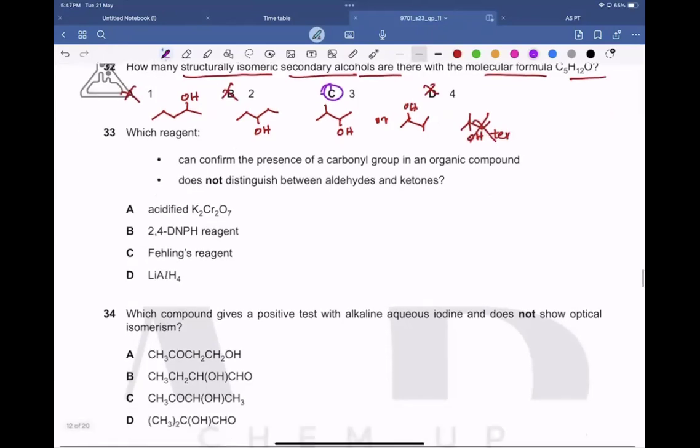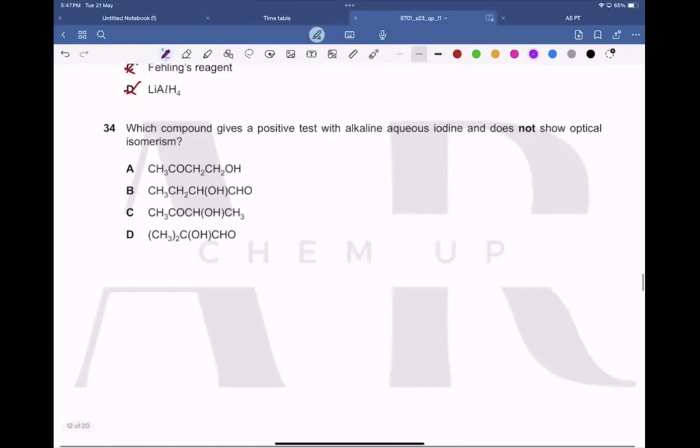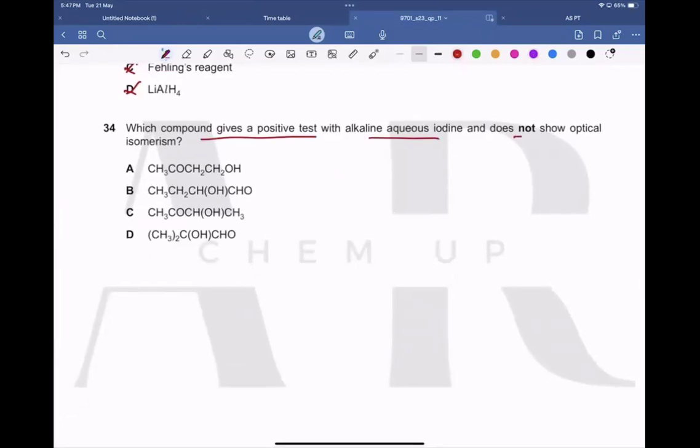Now question number 33. Which reagent can confirm the presence of a carbonyl group in an organic compound, but does not distinguish between aldehyde and ketone? I think everyone must just know that it is going to be B only. Okay, now which compound gives a positive test with alkaline aqueous iodine and does not show optical isomerism, which means no chiral center?